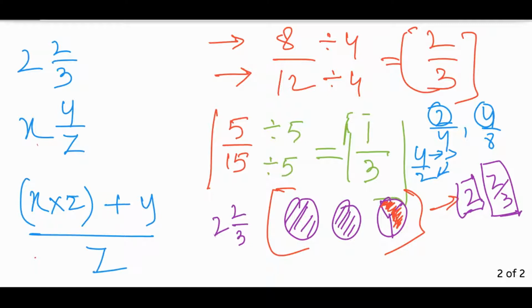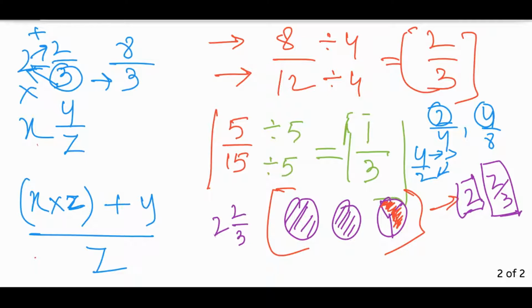Now is it confusing you? Alright, let me do this one. What I have to do is basically multiply this 3 with 2. So what we get is 6, 2 threes are 6, and then again add this 2 here, so we get 8, and the denominator will be here, so 8 by 3.